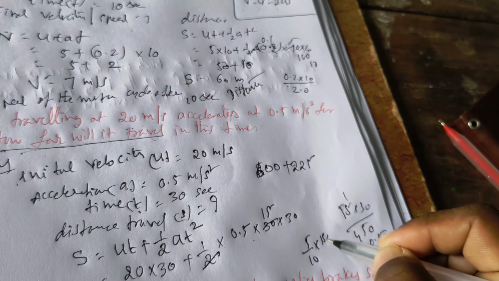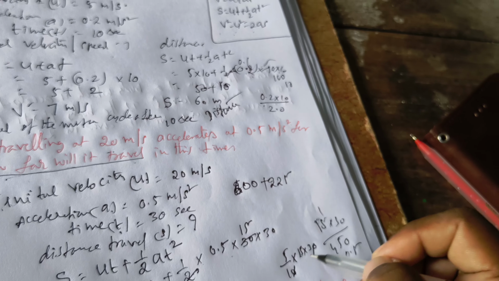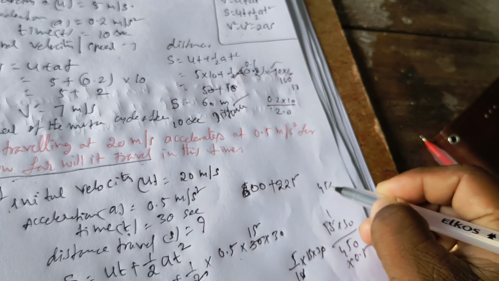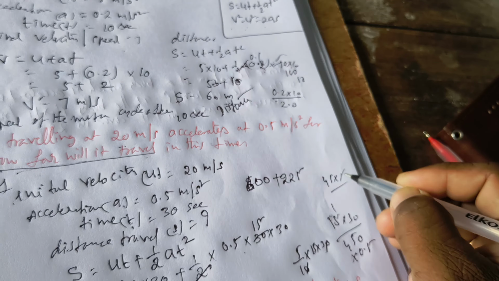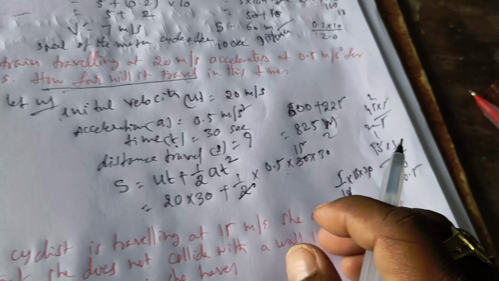So 0 gets cancelled. 25 45 into 5. 3 5s are 15, 5 5s are 25, 5 4s are 20, 225, right? So that is equal to 825 meters. In this way we need to calculate the problems.